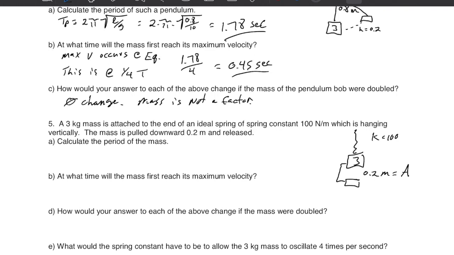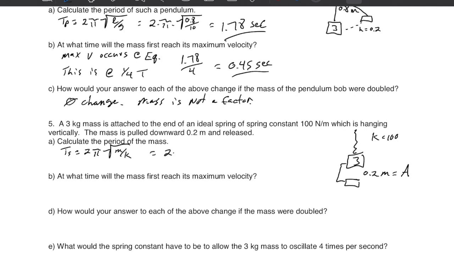The period, because it's on a spring, would be calculated as 2 pi times the square root of m over k, mass over spring constant. So we're calculating the period.